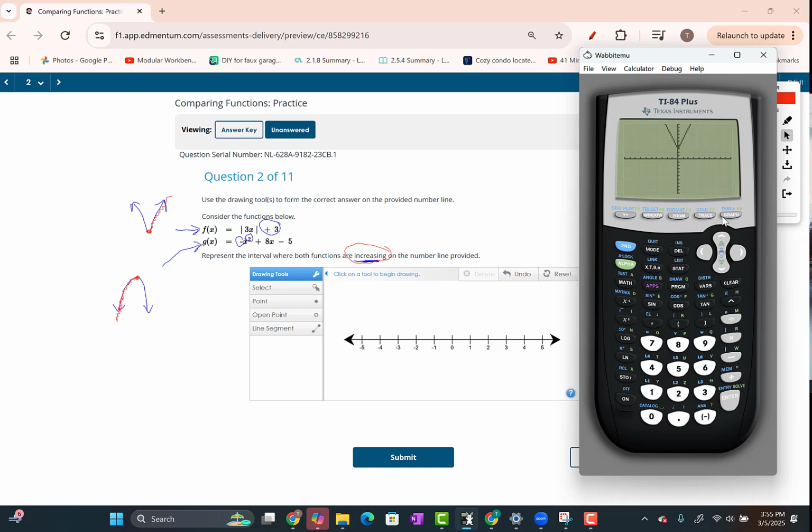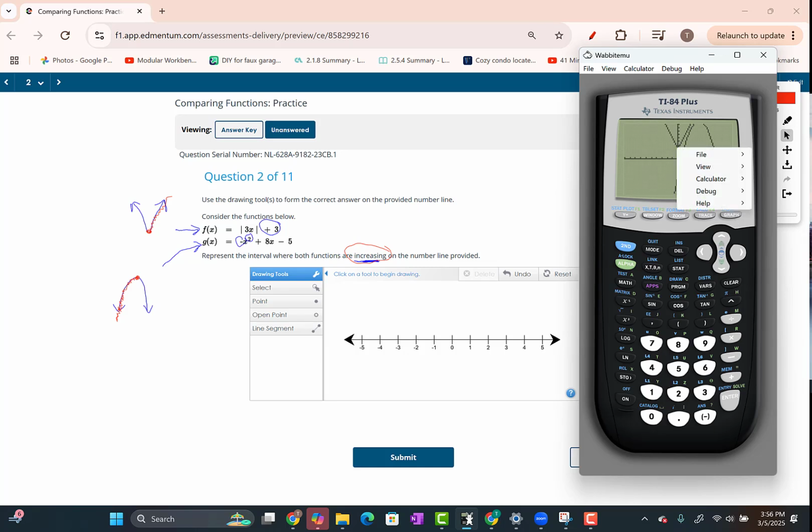Yeah, we can see where it's increasing. Let's go back to y equals, scroll down to y2, and we're going to type in negative x squared plus 8x minus 5. So now we get a better look, because the question wants to know where both functions are increasing at the same time.